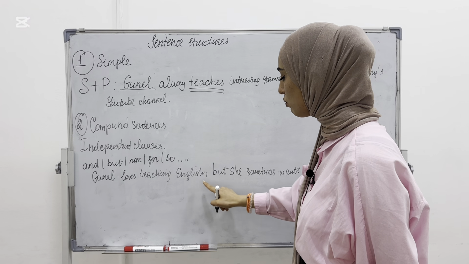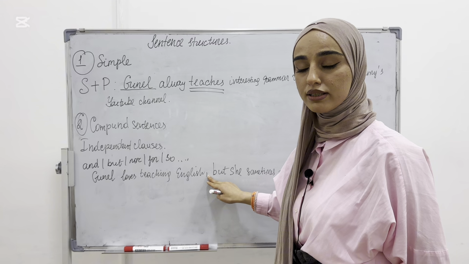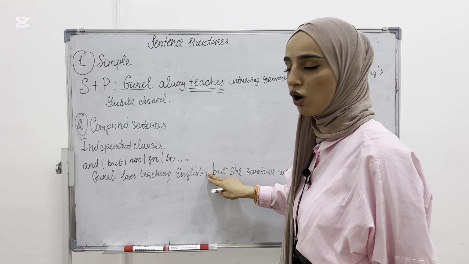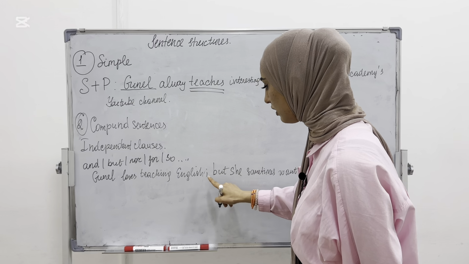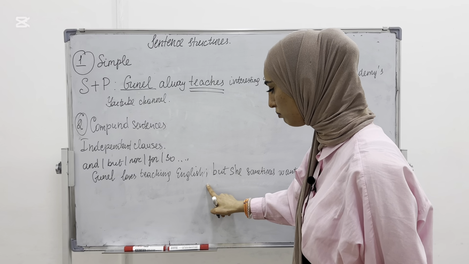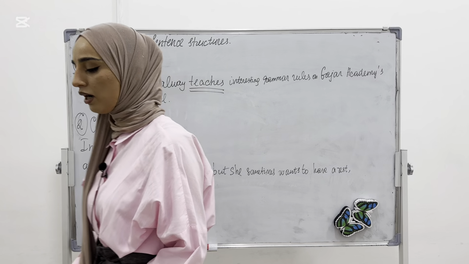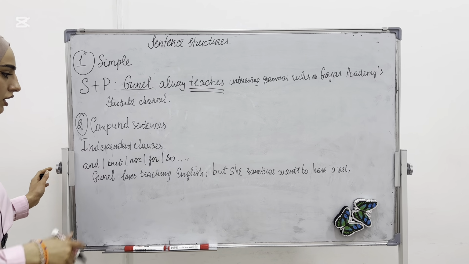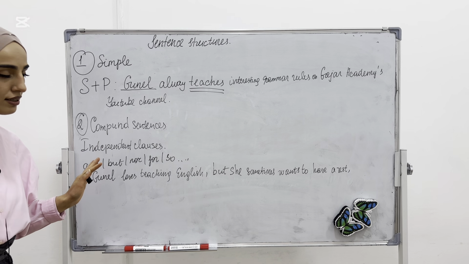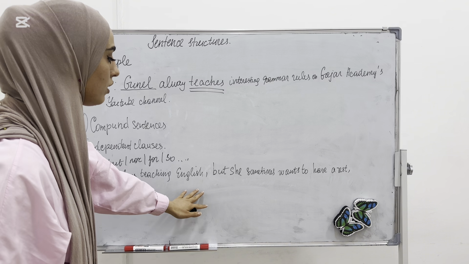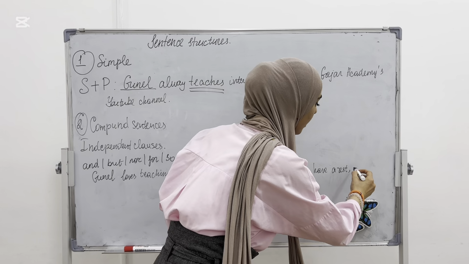You can use either a semicolon or just a comma. Understood? And if you want, you can expand it as much as you want. It does not matter. Günel loves teaching English, but she sometimes wants to have a rest.